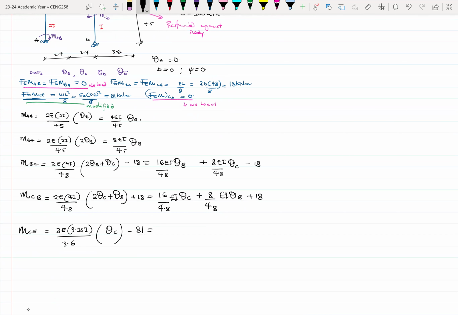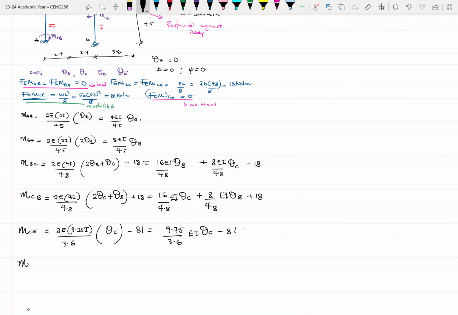Let's do the math: 3 times 3.25 divided by 3.6. So 9.75 over 3.6 EI theta C minus 81.